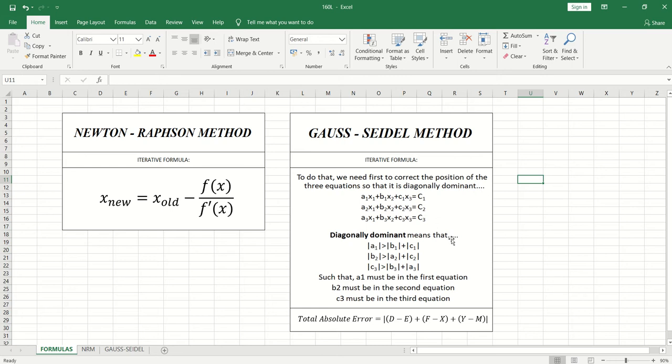Diagonally dominant means that a1 in the 3 equations, 3 unknowns should be greater than the sum of b1 plus c1, and take note, all of these are absolute values. b2 should be greater than the sum of a2 and c2, and c3 should be greater than the sum of b3 and a3. The total absolute error will be defined by this equation, which I will discuss in the example.